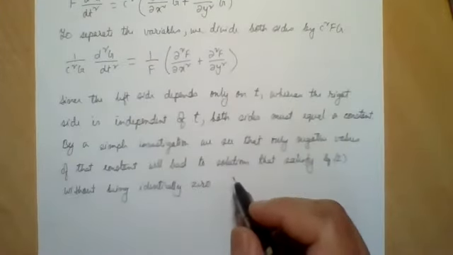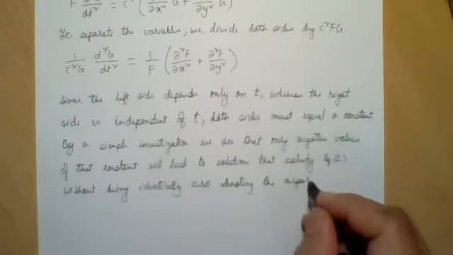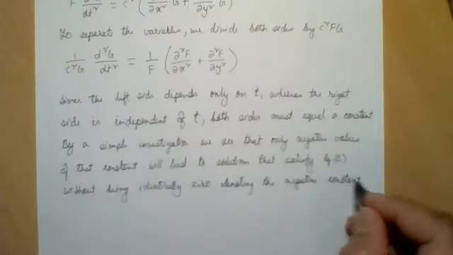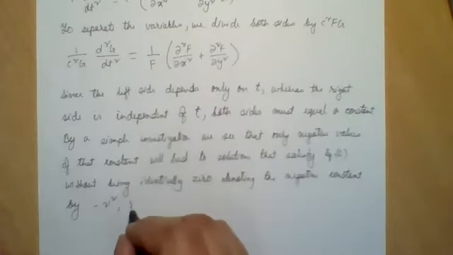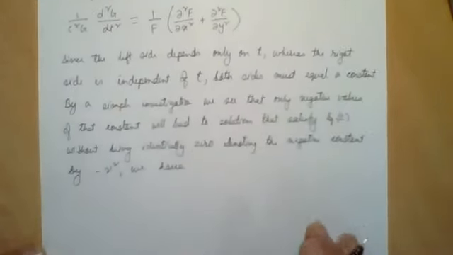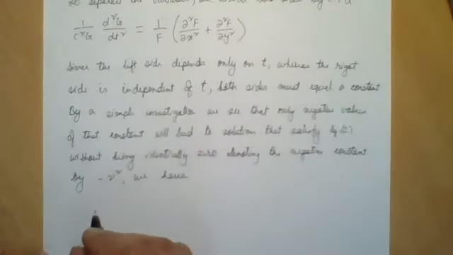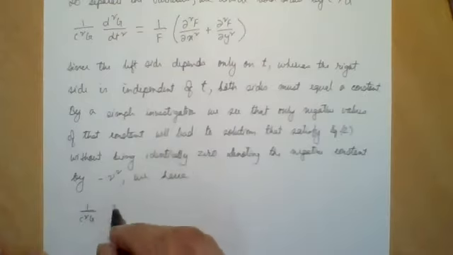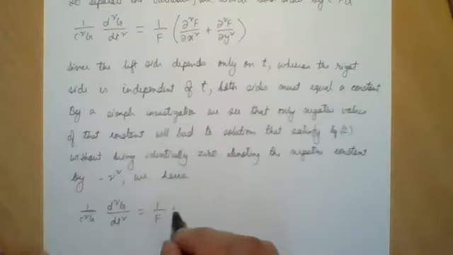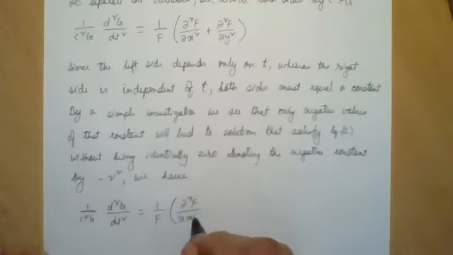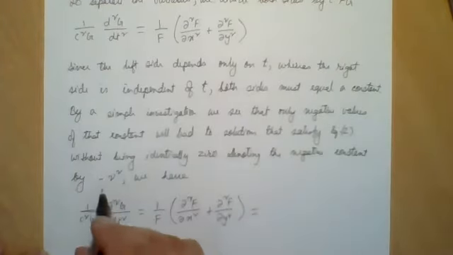Okay. So denoting the negative constant by minus nu square, this is the Greek alphabet nu, we have 1 by c squared g d2g by dt square equal to 1 by f times dou 2f by dou x square plus dou 2f by dou y square, and this should be equal to the constant minus nu square.